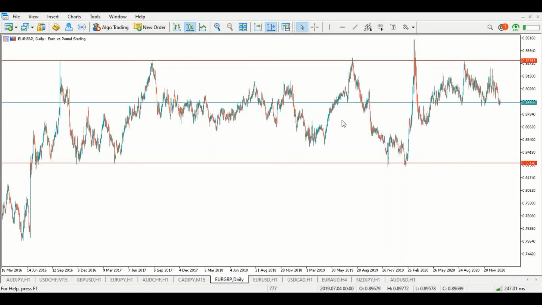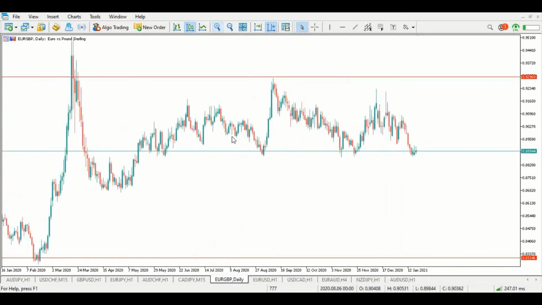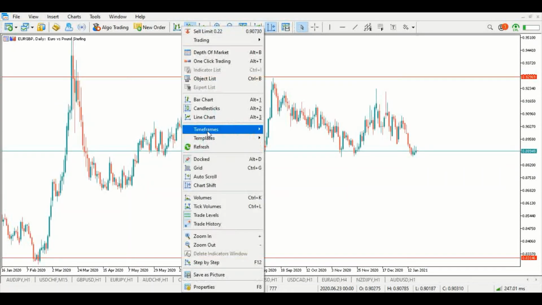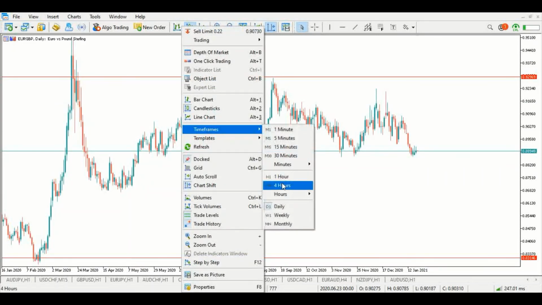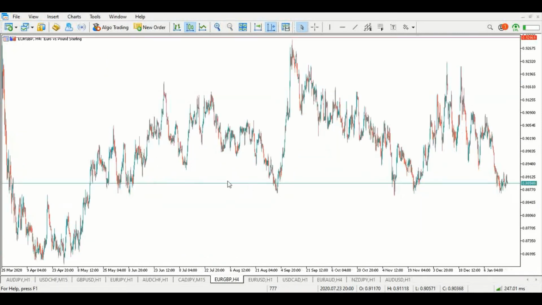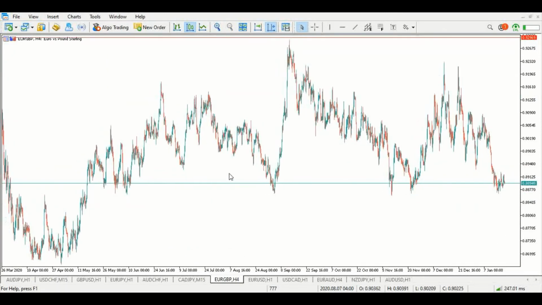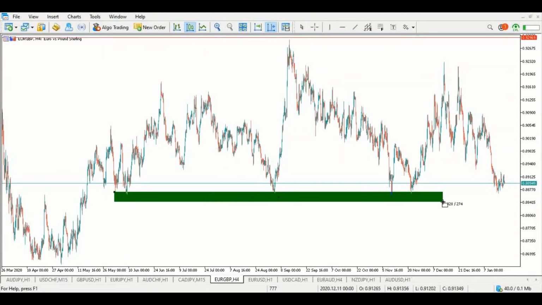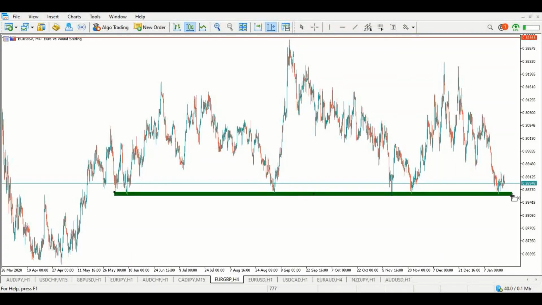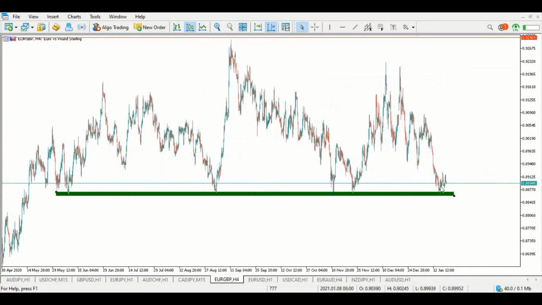So I want us to go on a lower time frame. Let me just be on the 4-hour. Okay, so that is me on the 4-hour. I want to highlight this level area right here, in green, and I want you guys to pay attention to something.